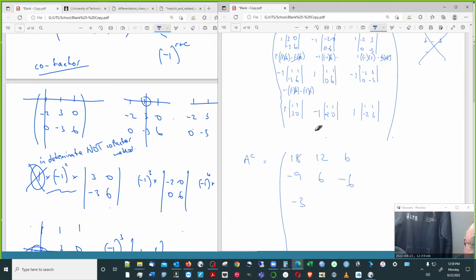Be careful. So that's minus 2 minus 0 minus 2 is 0 plus 2. So that's 2, but it's times minus 1, so it's minus 2. 3 minus 2 is 5. So we've got our cofactor.